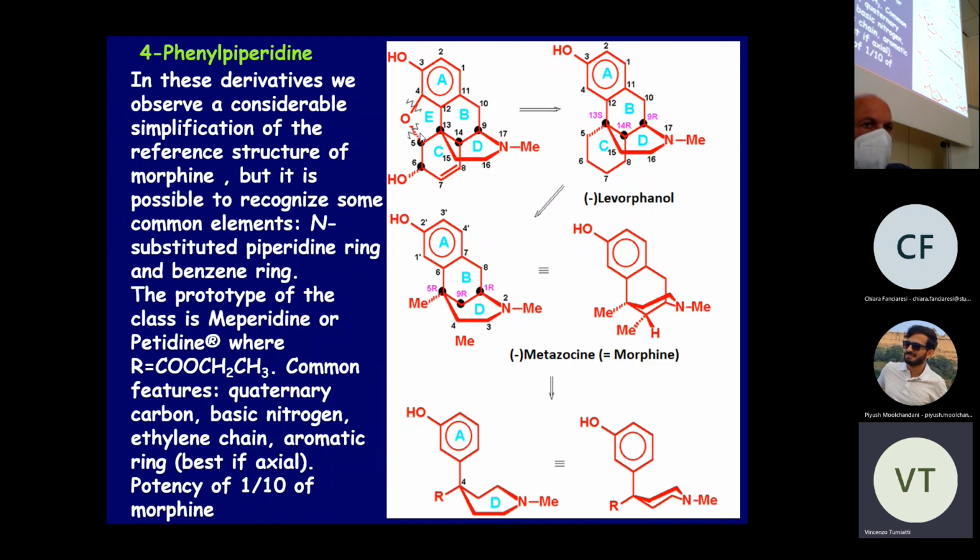So once again, 4,5-epoxymorphinans, morphinans, benzomorphans, and then we can open ring B. You see, there remain the piperidine ring and a phenyl group in the 4th position.